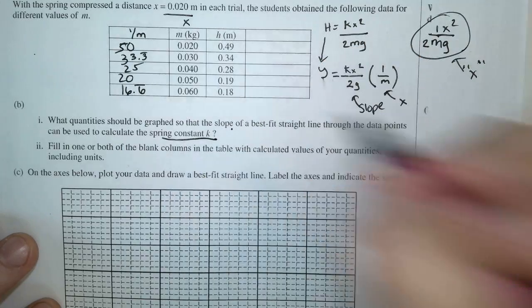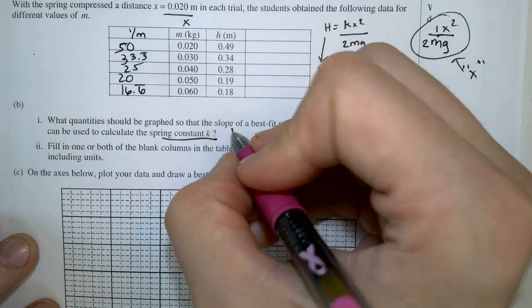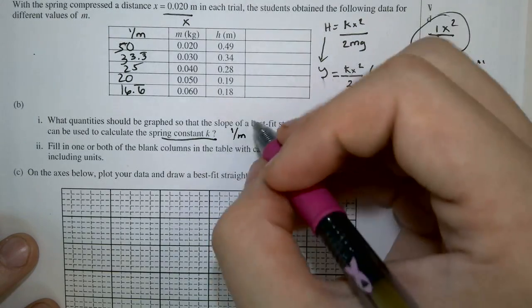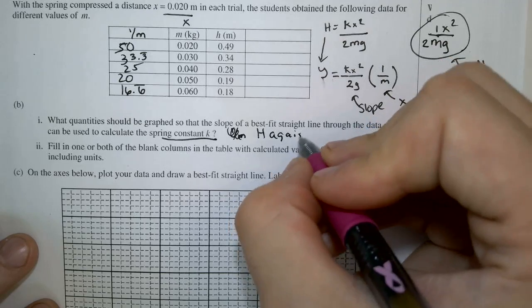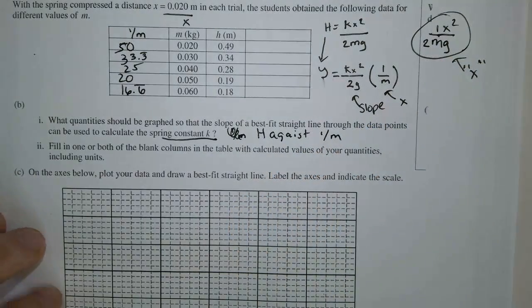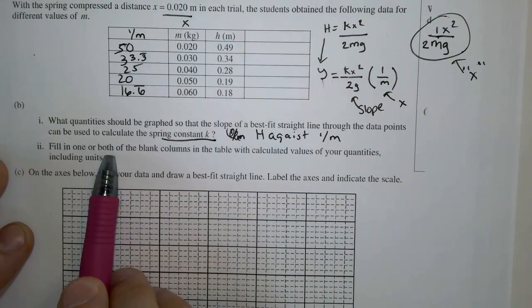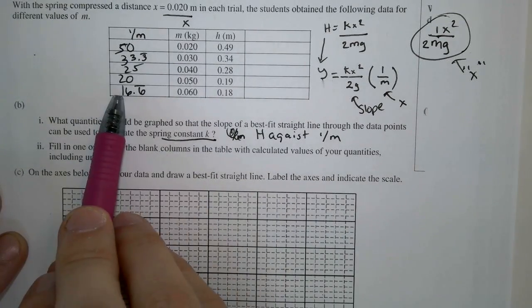For the quantities, I have for x, we need 1 over m, and against that, I think it would be better, h against 1 over m. Normally they have blanks and they say what should you plot for the x and what should be plotted for the y, especially for AP1. Fill in one or both of the blank columns. You don't always fill in all of them, and we already did that.